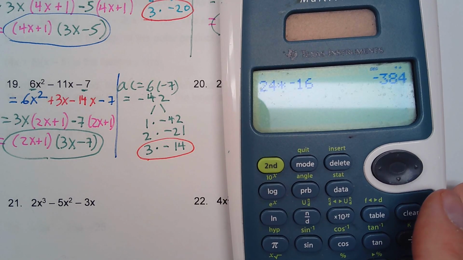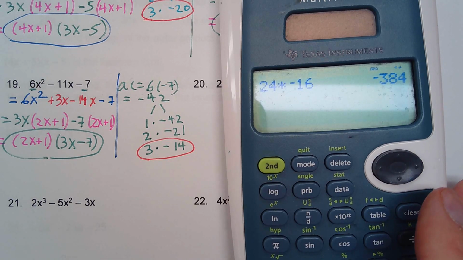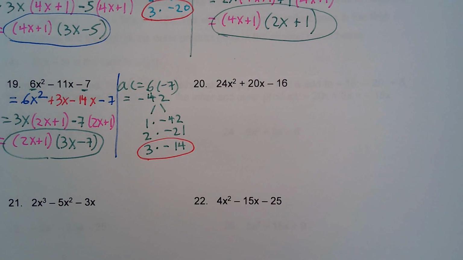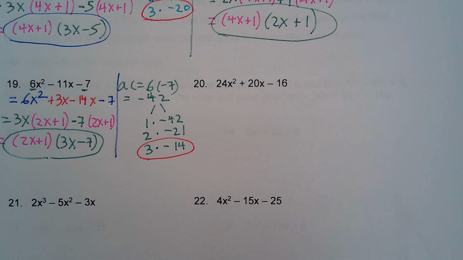But ask yourself, what should I always be doing first whenever I see a factoring problem? I need to factor out the greatest common factor. So if I take a look at this problem and I ask myself, what's the greatest common factor? Well, I can factor out a 4. My GCF is 4. Let's factor that out first.